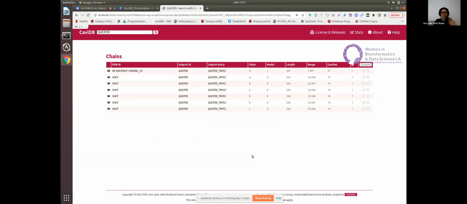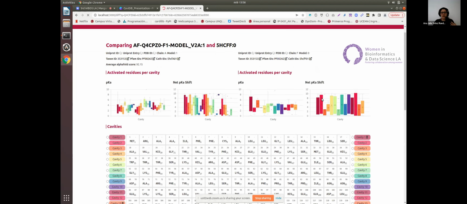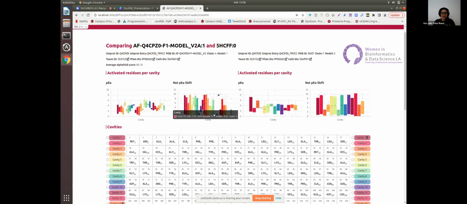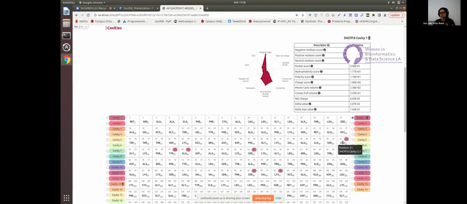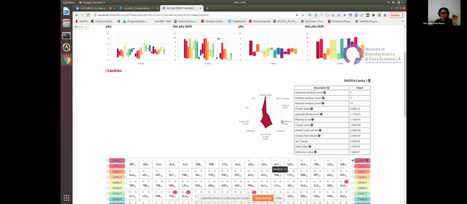So when you are looking, for example, for a specific UniProt ID that has more than one conformer in the PDB database or AlphaFold, then you can select more than one conformer to compare. And so you can check which cavities are overlapped or not, if they have the same cavities, or if they have druggable cavities or not in those proteins or in those conformers.